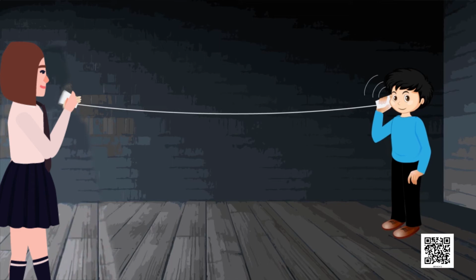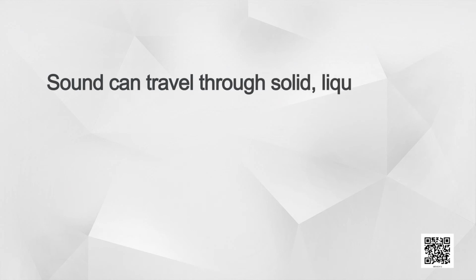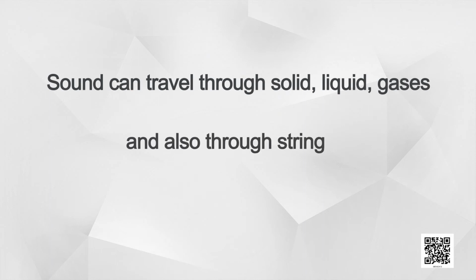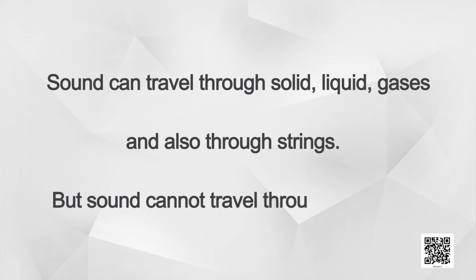What is your name? Do you want to play this game? You can make your toy telephones at your homes. So, we have learnt that sound can travel through solids, liquids, gases and also through strings. But sound cannot travel through vacuum.